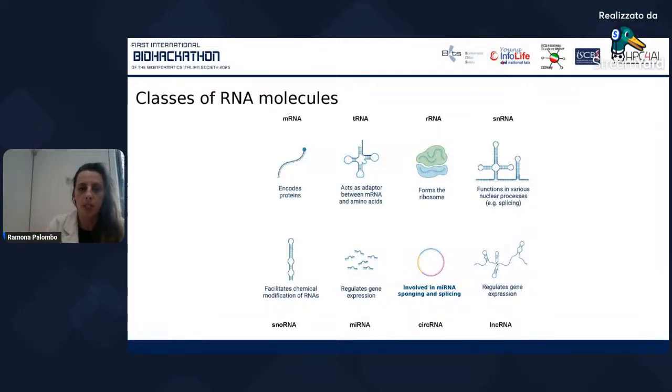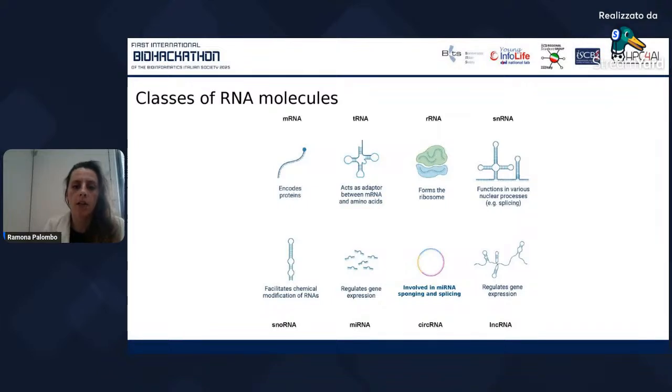in the specific portion of the nascent protein. Then we have also ribosomal RNA that are part of ribosome, and the small nuclear or small nucleolar RNAs that are instead some small RNAs that can have different function in the nuclei.